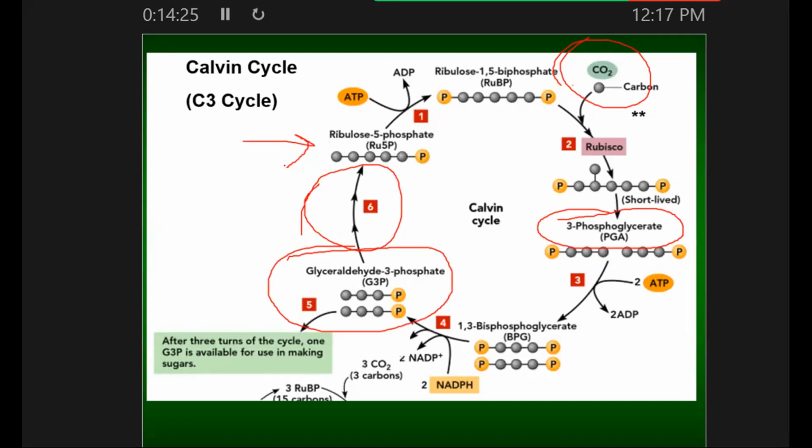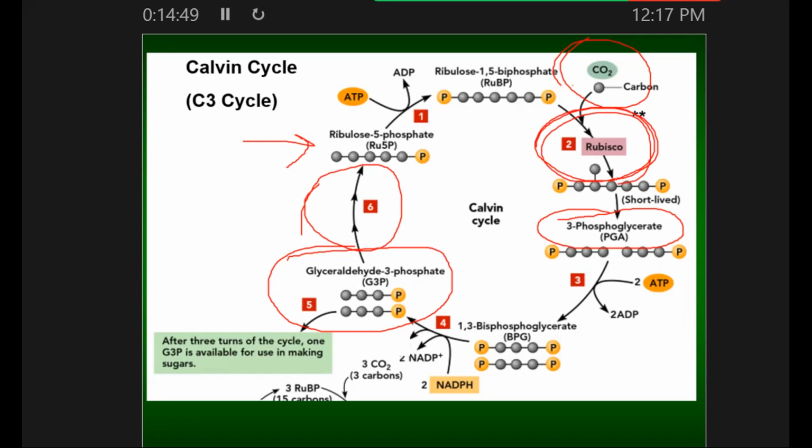Now, the enzyme that is probably the most heavily studied enzyme in the plant world is this one right here, Rubisco. Rubisco is the enzyme that allows for that very first step of the Calvin cycle, taking that 5-carbon RUBP and reacting CO2 with it.